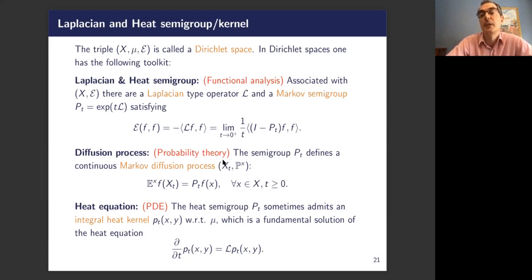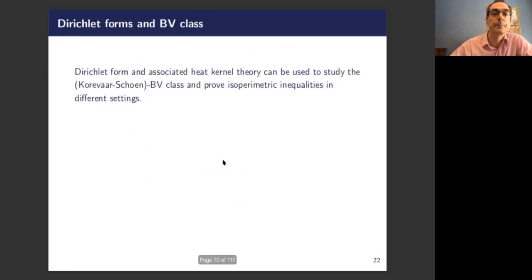That is, it's possible in many situations to introduce a fundamental solution of the heat equation on the space, which is associated with the Laplacian, and to study analytically the solution of this parabolic partial differential equation to get information about the Dirichlet form. So from the very beginning of the theory, we see that Dirichlet forms come with tools from different areas: functional analysis, probability, or partial differential equations.